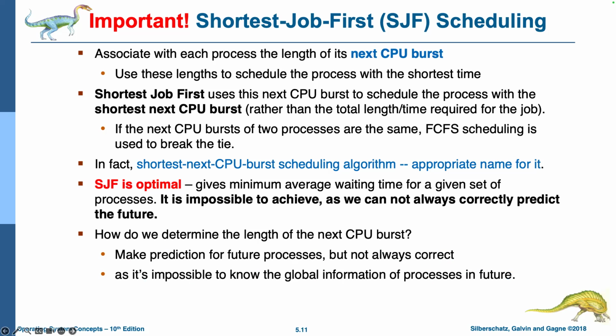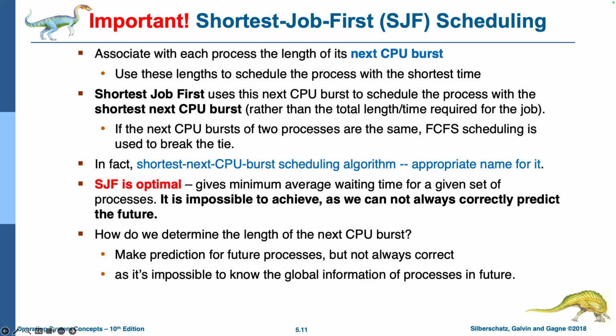We can make a prediction, but it is not always correct. It's important to know global information about the process in the future, like the time complexity I mentioned. And you must consider how the CPU knows that. This is at the bottom of CPU scheduling, so it must be very efficient.